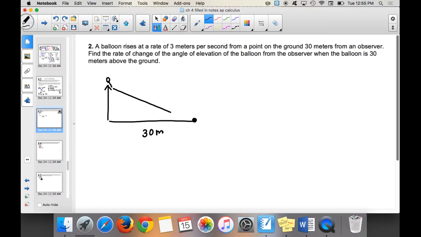So I'm finding the rate of change of this angle right here, theta, when the balloon is 30 meters above the ground. So the balloon is changing, so this is y, and y is getting bigger. So dy over dt, we know, that's the 3 meters per second. So it rises at a rate of 3 meters per second.